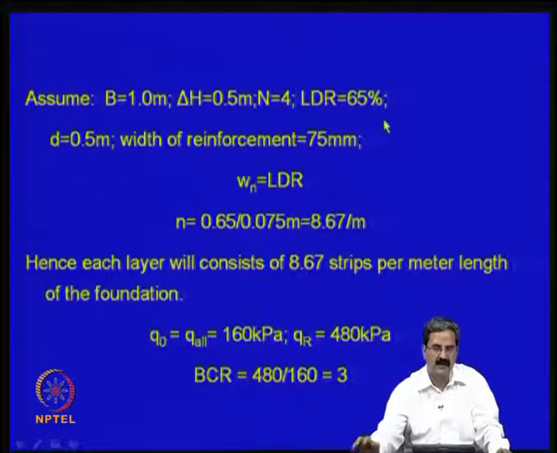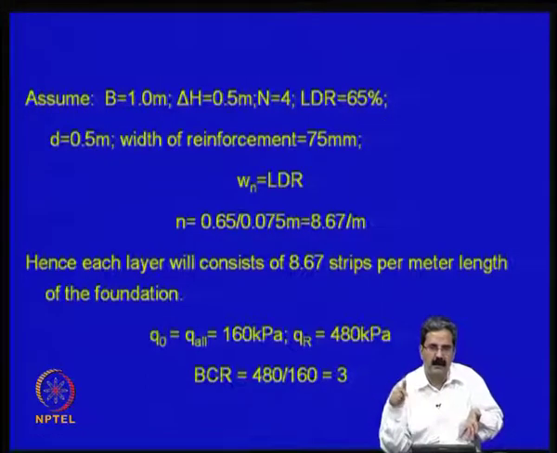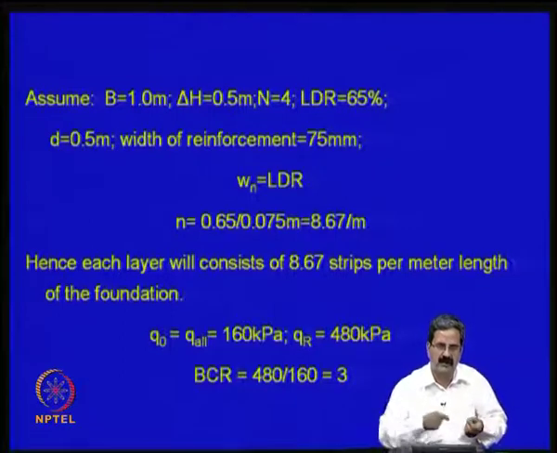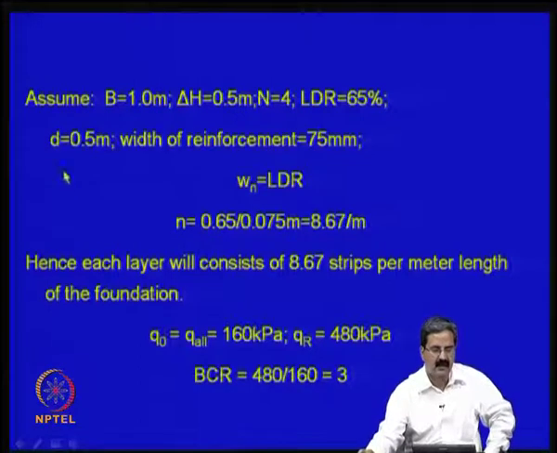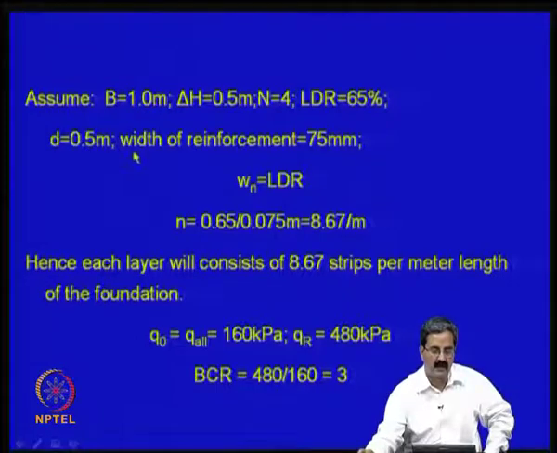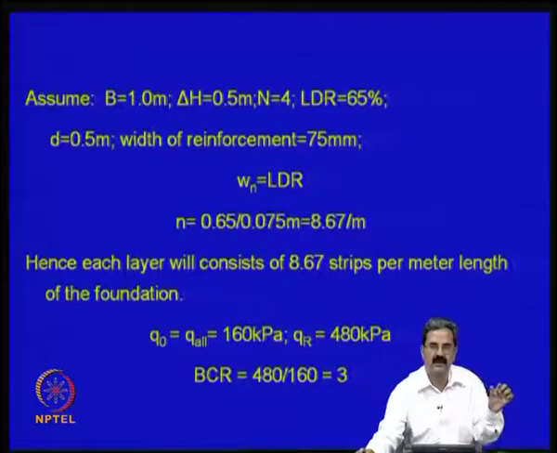Which means that in 1 meter, 65% is the presence of the member, like say 0.65 meters in a 1 meter is present, right. Then D is also the other spacing. Both I am trying to keep delta H and D the same, because it is easier to calculate. For the width of the reinforcement, I can just take a small strip of 75 mm, very, very small, right.